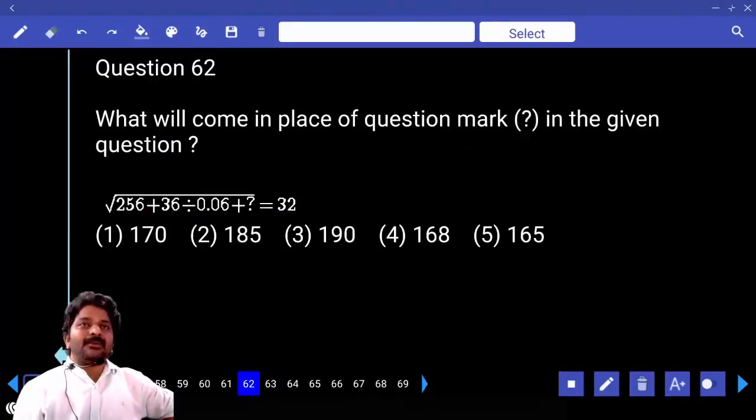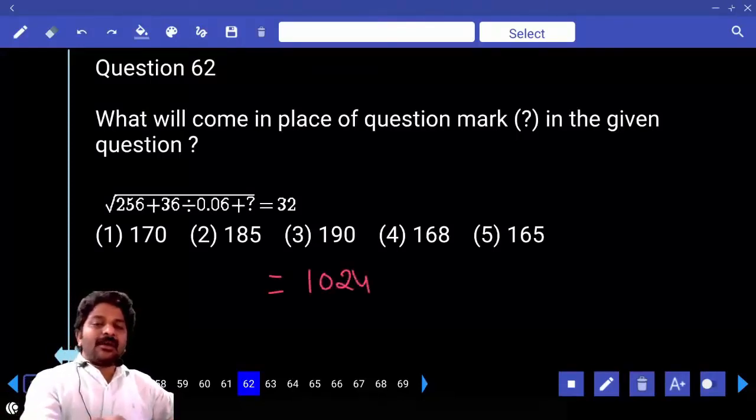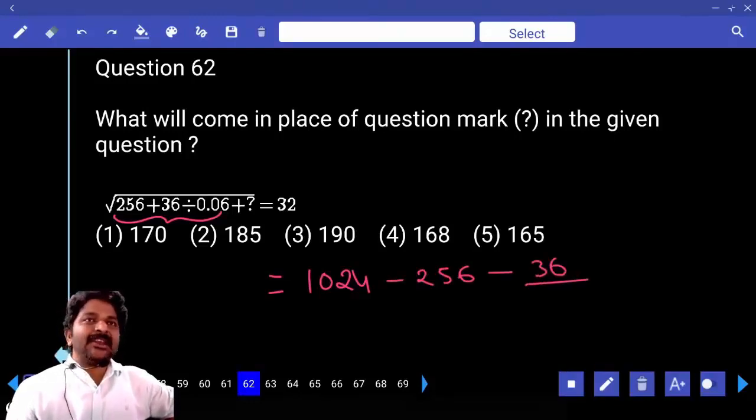Now under root value, left hand side we have under root. How do we eliminate that? Squaring on both sides. So right hand side 32 square. Now these two values come to the right hand side, then becomes minus 256 minus 36 by 0.06.